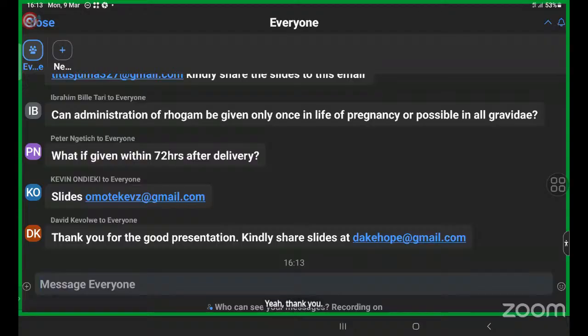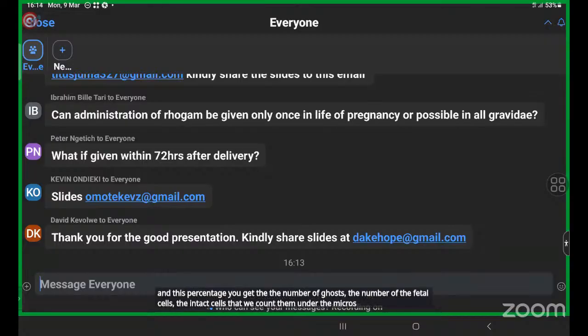If we calculate the rosettes, and we find that they are greater than 5 rosettes, then we go to FMH calculation, where first of all we calculate the percentage of the fetal cells. The number of fetal cells, the intact cells that we count under the microscope, over the total cells times 100.